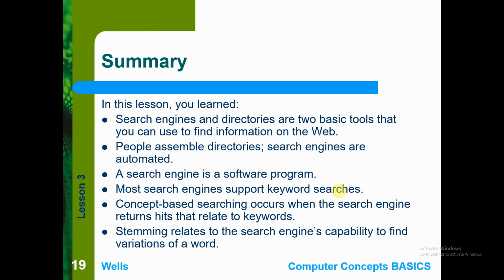Concept-based searching is when the search engine returns hits that relate to the keywords. And stemming relates to the search engine's capability to find variations of a word. If you notice, when you start typing in the text box of Google search, suggestions drop down. That is called stemming.